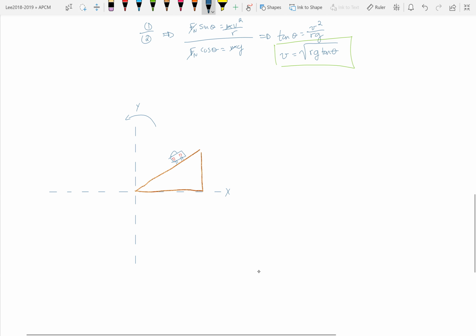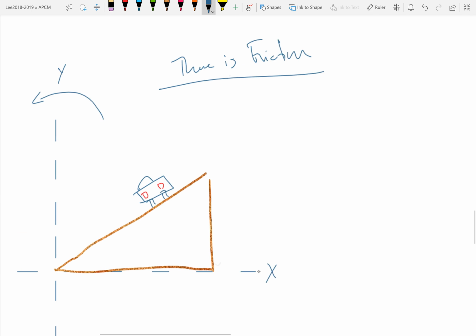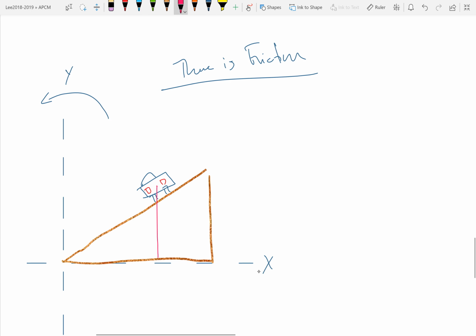All right, so here we're going to say there is friction. And in this case, I need to draw my forces. I have F sub g, which equals mg. I have my normal force perpendicular to the contact surface. And the question is, which way is friction going to go? Well, we're going to look at two possibilities.